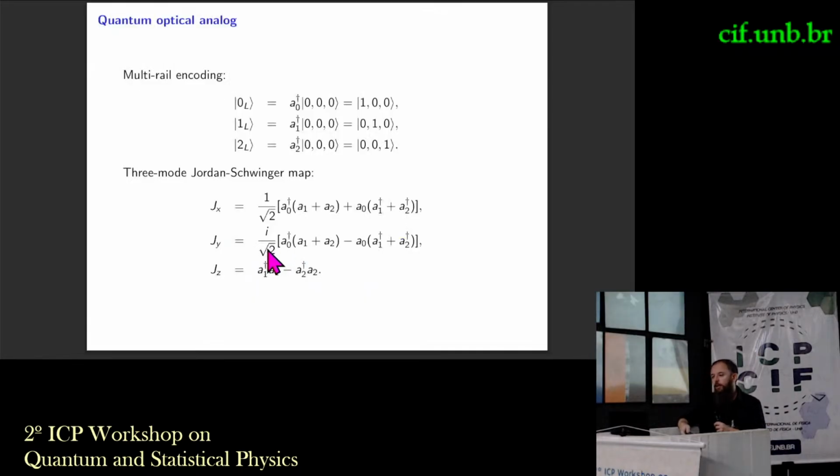And the quantum optical analog, I will talk fast. For qubits, you can do a three-rail encoding, very simple in some sense. And there's this new many-mode Jordan-Schwinger map, so you map this angular momentum picture into a quantum optics picture.